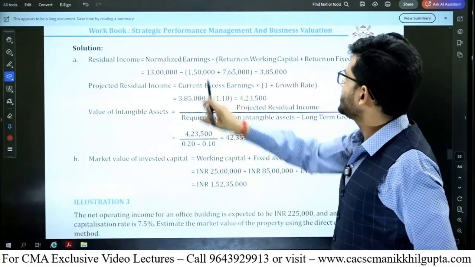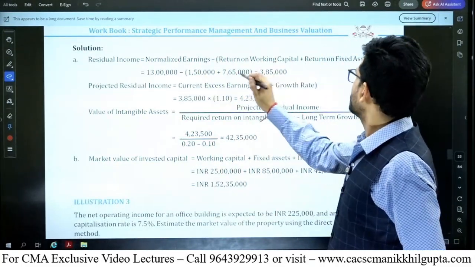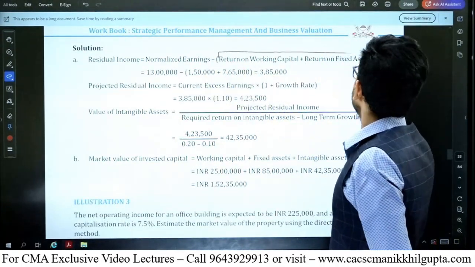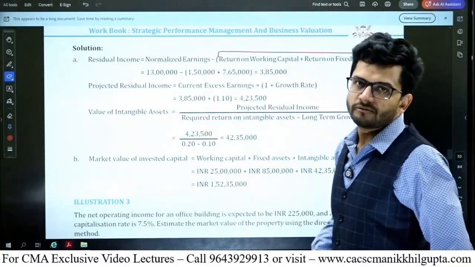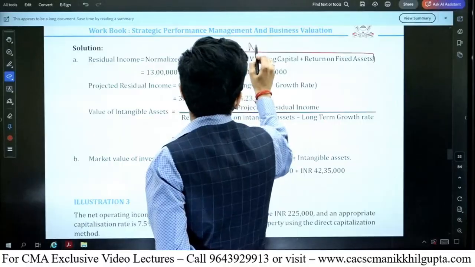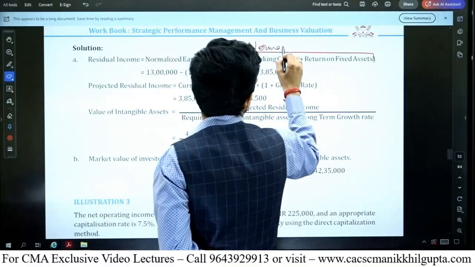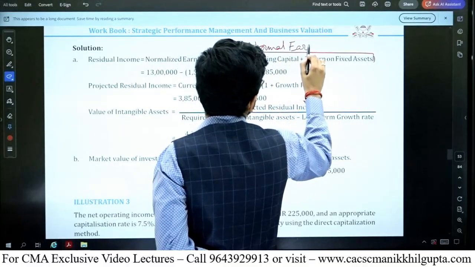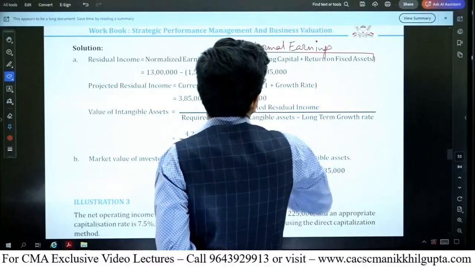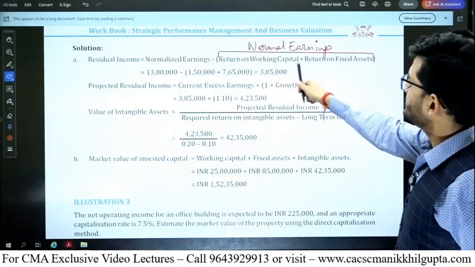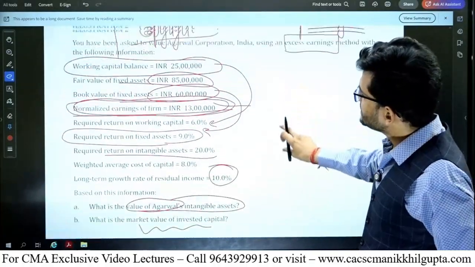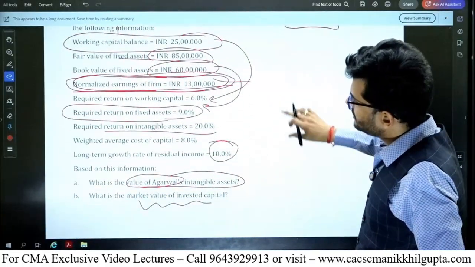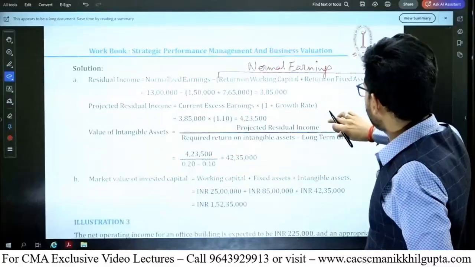All right. So normalized profit minus the actual profit, normal profit. This is normalized earning, meaning the current actual earnings of the organization, and these are the normal earnings. Normal earnings will be calculated using return on working capital. Return on working capital is 6% of 25 lakhs, and the required return on fixed asset is 9%.